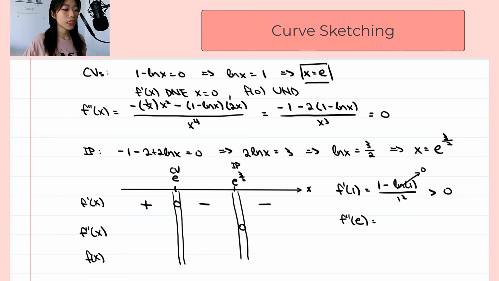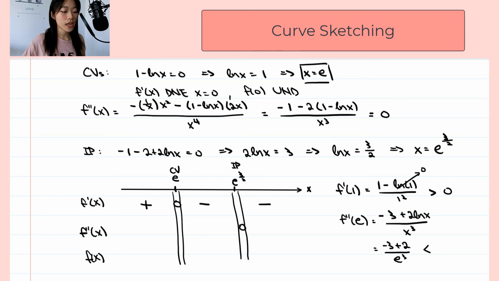In the second derivative, we found that it was (negative 3 plus 2 ln x) over x cubed. And when we substitute x by e, we get negative 3 plus 2 times ln of e, and ln of e equals 1, over e cubed.